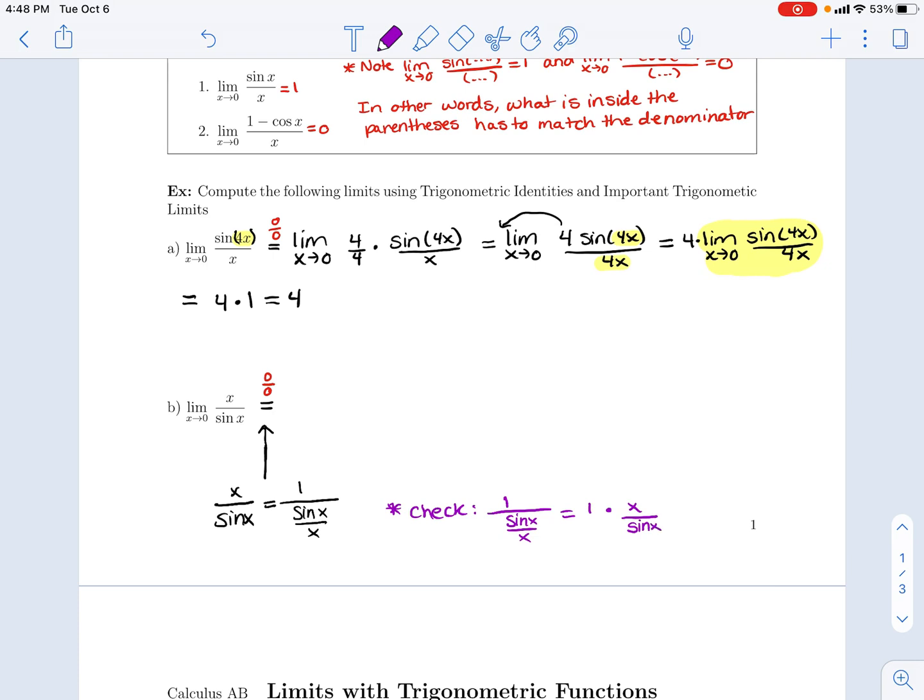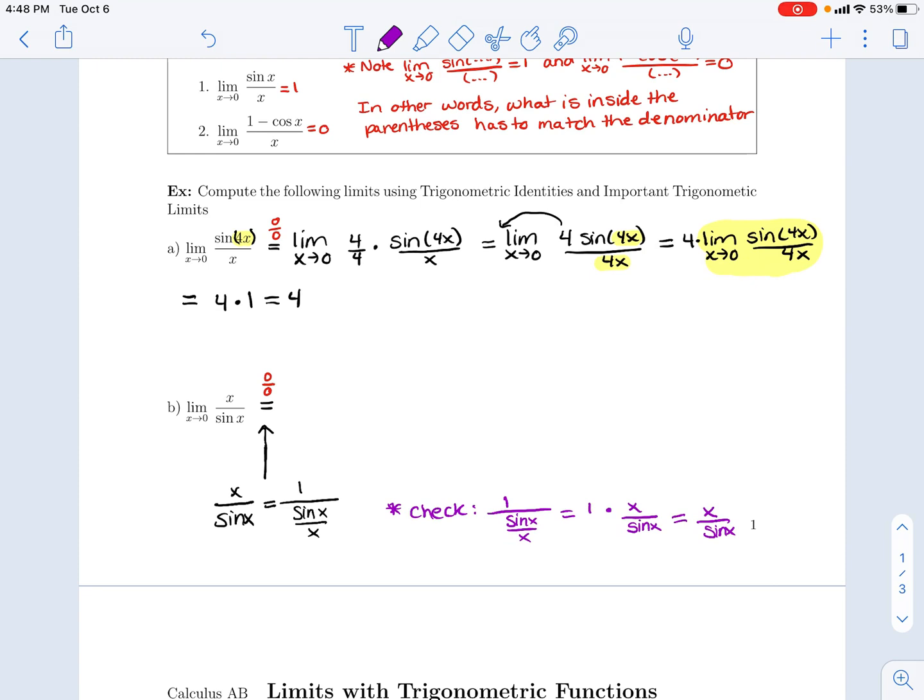Because when you have a number divided by a fraction, what you do is you take that number and then you multiply it by the reciprocal. And so here I do have that this is just x over sine of x. So we checked it. Now we're fully convinced.